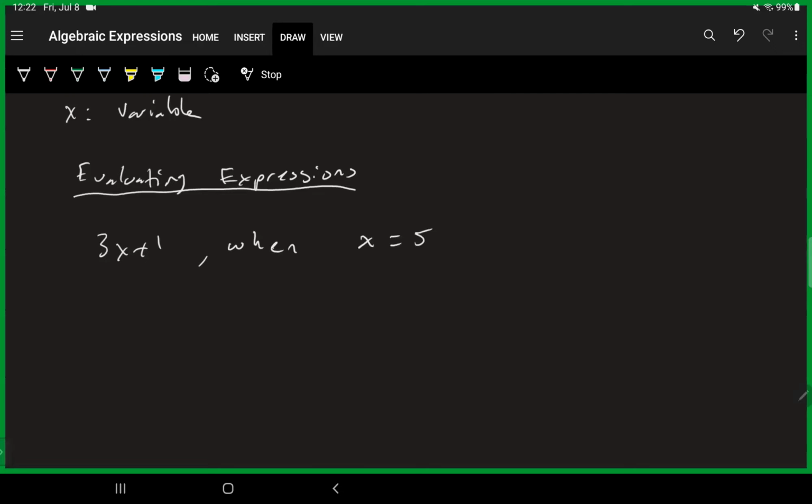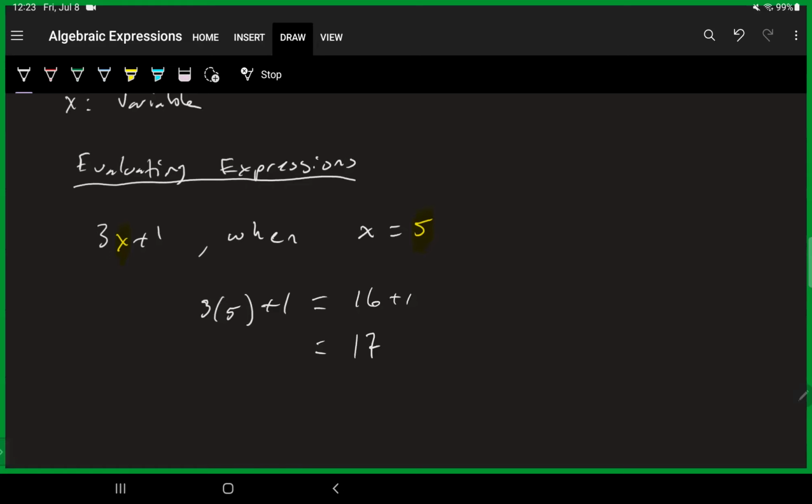What that means is it wants me to plug this 5 in for the x over here. So here's how I'm going to do my work. I'm going to write 3, multiply it by 5 because we're plugging 5 in for x, add 1, and follow the order of operations. So 3 times 5 is 15 plus 1. 15 plus 1 is 16.